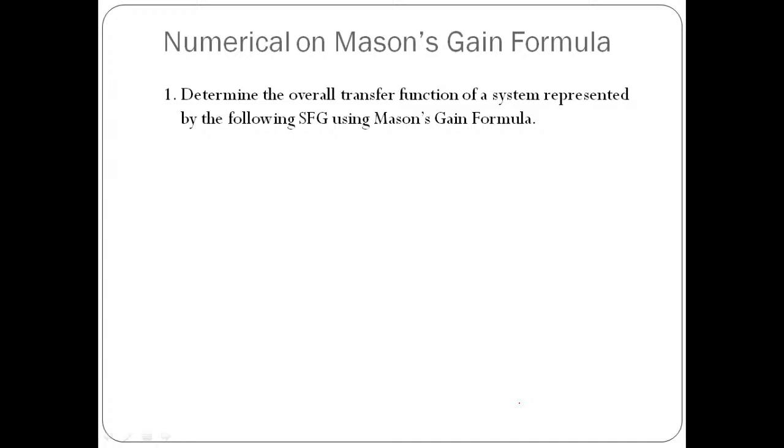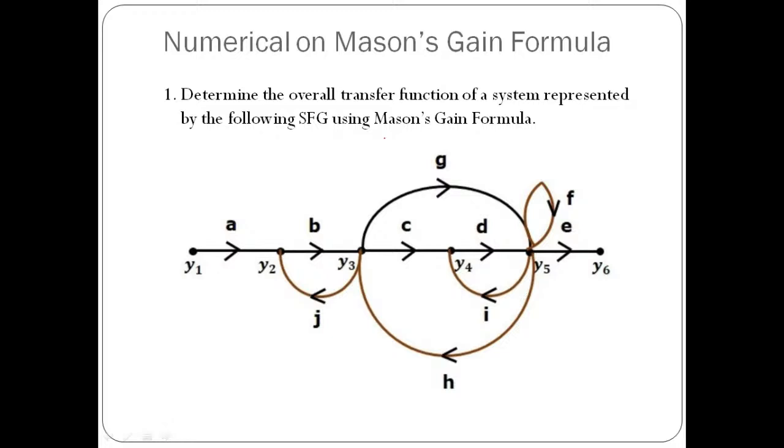The first numerical on Mason's gain formula is: determine the overall transfer function of a system represented by the following signal flow graph using Mason's gain formula. So the signal flow graph for the system is given to us and it is shown over here, and our objective is to find its corresponding transfer function using Mason's gain formula.